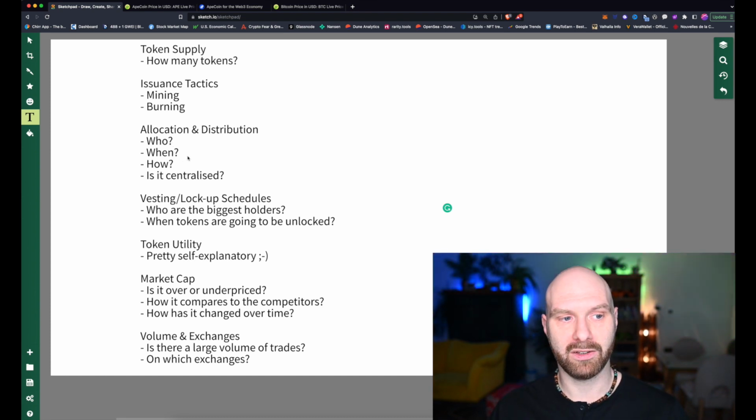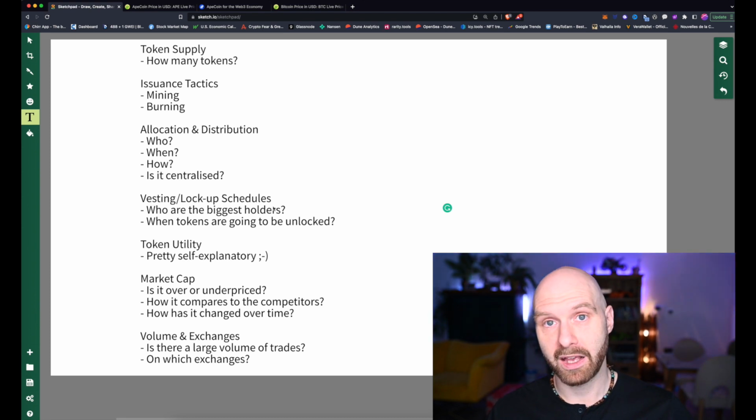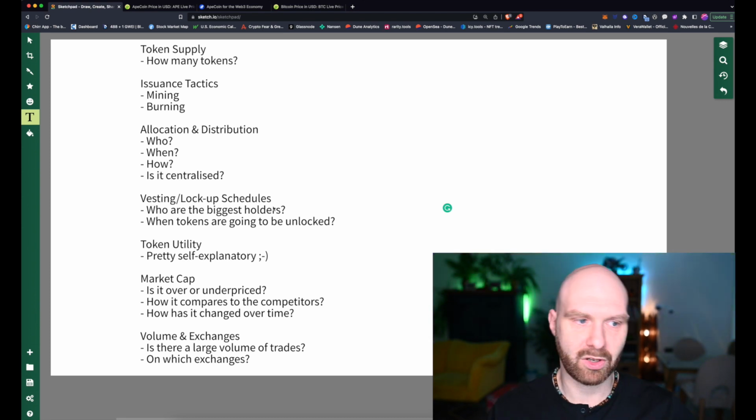If you ever participate in something like an IGO, you know that you get to invest at a very early stage in a project, but you cannot straight away sell all of those tokens. You're not getting all of them straight away, and you're not able to sell them straight away, because otherwise those early investors would just dump them on the market and the price would plummet, which is not good for anyone involved. So what usually happens, or pretty much always happens, is there's some sort of vesting or lockup schedule. So the tokens are being released over time, but we'll talk about it in a minute.